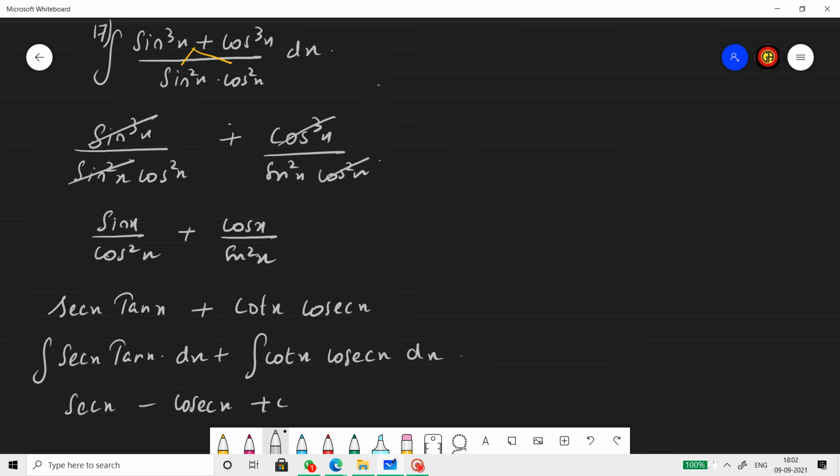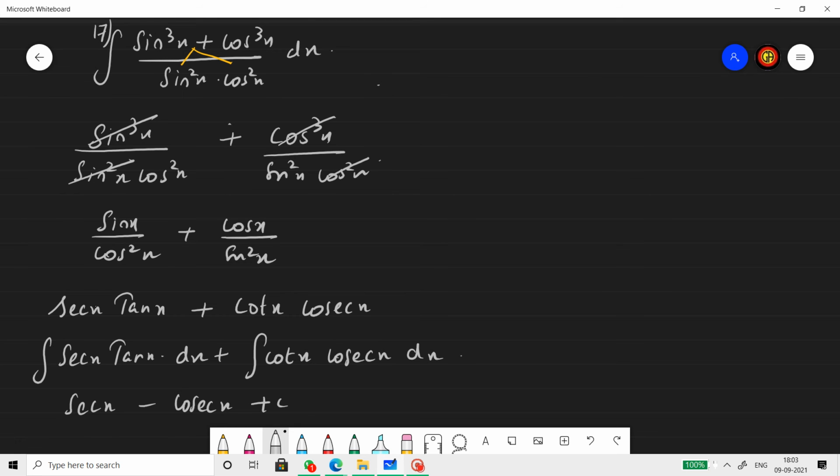17th sum, sine cube x plus cos cube x by sine square x cos square x. This time I am going to distribute the denominator. So sine cube x by sine square x cos square x plus cos cube x by sine square x cos square x. Whatever terms are possible to cancel, cancel it out. So you get sine x by cos square x and cos x by sine square x.